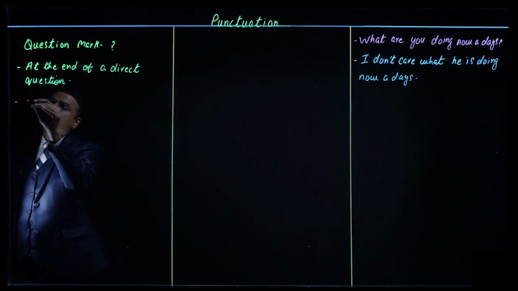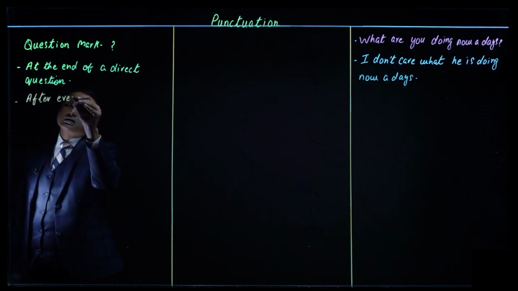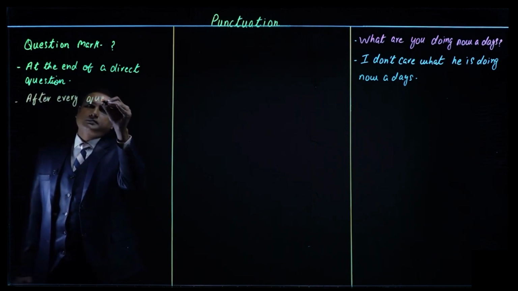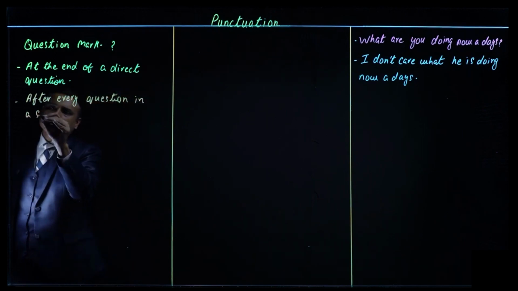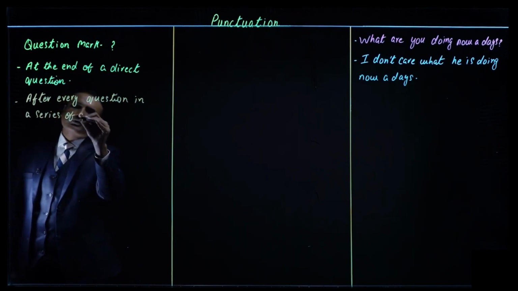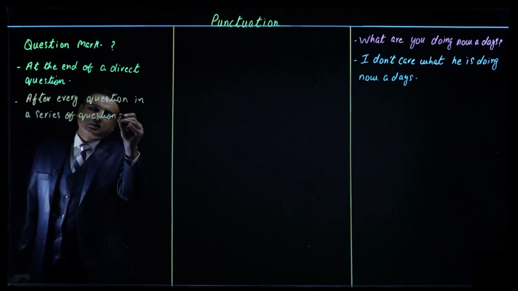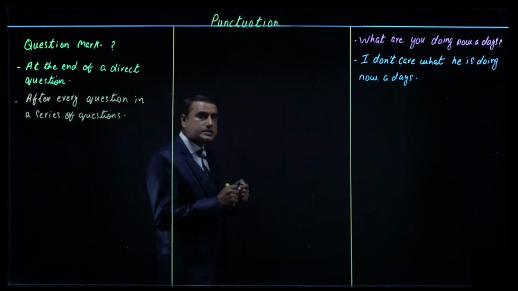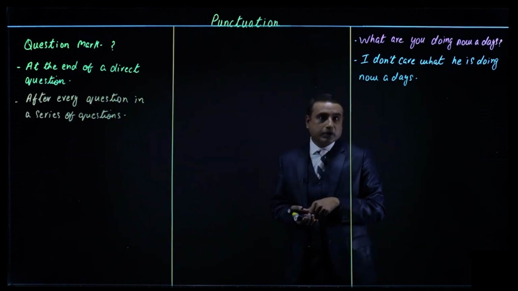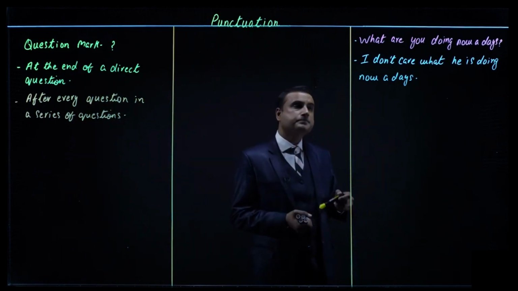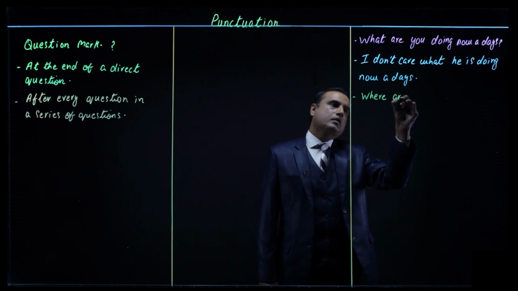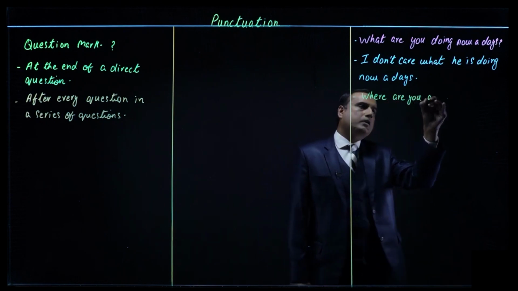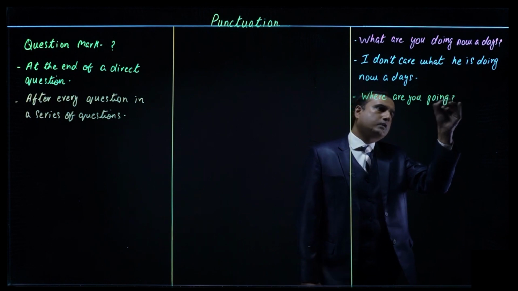Then after every question in a series of questions, if you are talking about a series of questions, तो हर क्वेश्चन के एंड पे आप क्या यूज करेंगे? यू विल यूज अ क्वेश्चन मार्क. जैसे, where are you going?